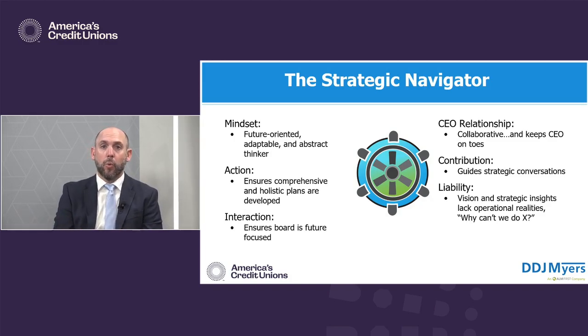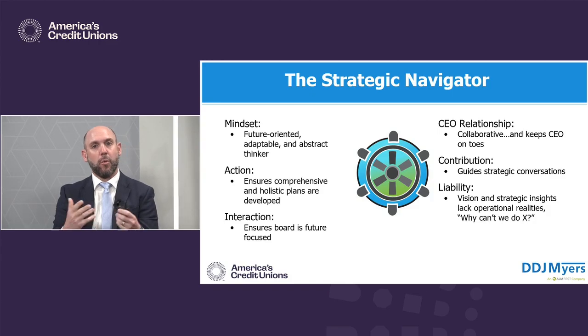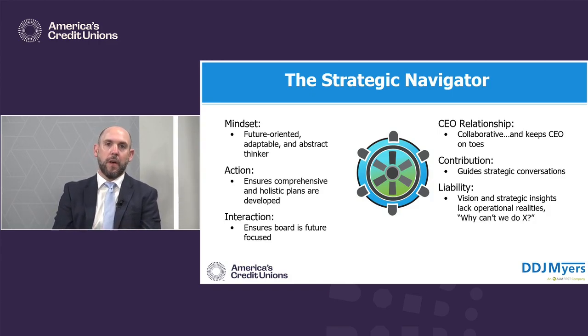I mean, it's very rare that we'll have a board not say, we want more strategic dialogue. Most boards that we work with say, we want more strategic dialogue in our board meetings. And so with a strategic navigator at the helm of the board, absolutely, they'll guide us into that conversation.